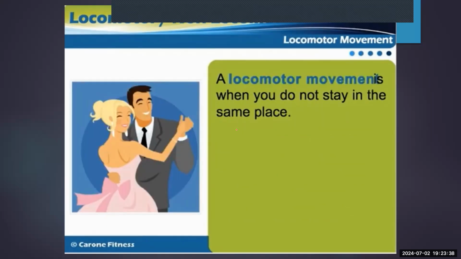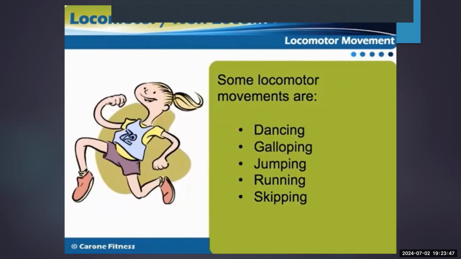A locomotor movement, like a train, is when you do not stay in the same place. Some locomotor movements that your body can do are dancing, galloping, jumping, running, and skipping. All of these locomotor movements take you to different places.